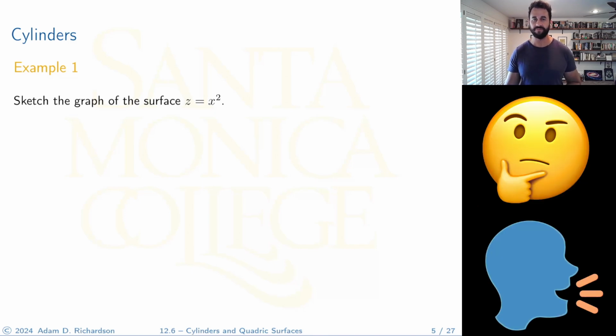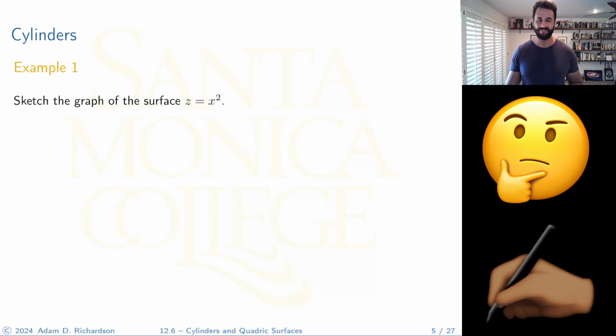Say out loud what you think this surface in three-dimensional space will look like. If you want a fun challenge, see if you can sketch this surface by hand. See what you get.